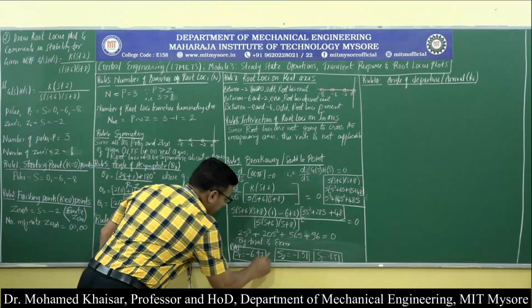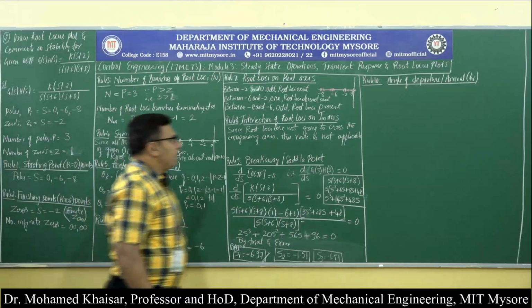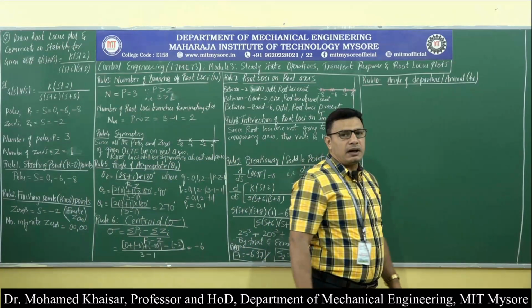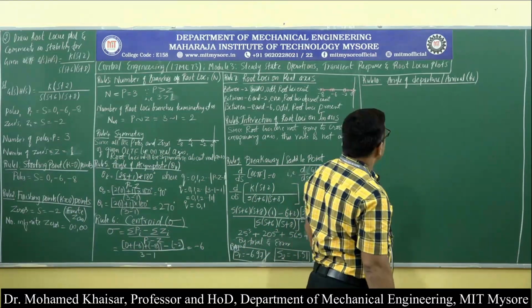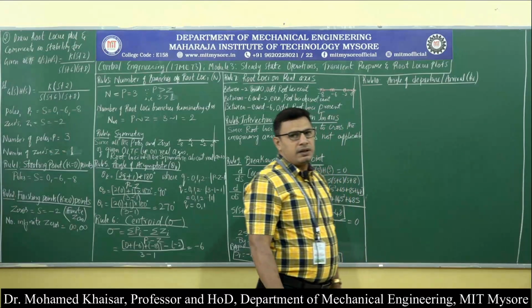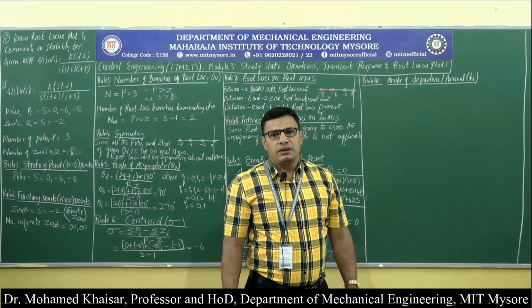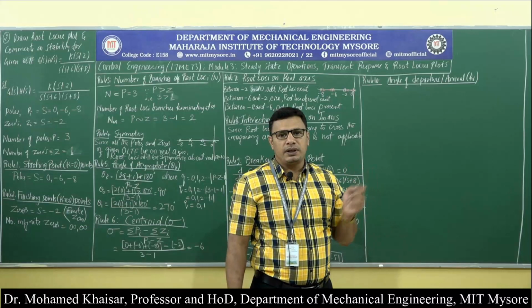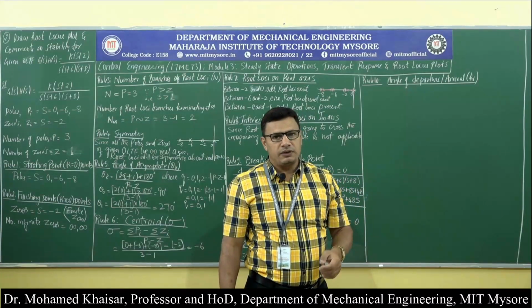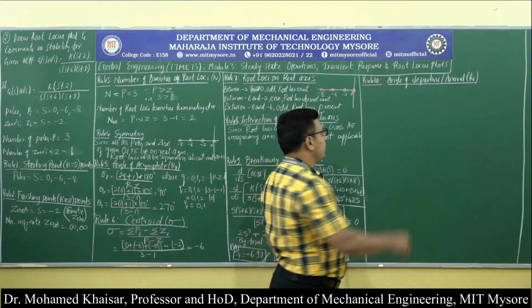Minus 6.97. Then angle of arrival or angle of departure, rule number 10. And as we know, this rule will be applicable only when there are complex poles or zeros. In this problem there are no complex poles or zeros.